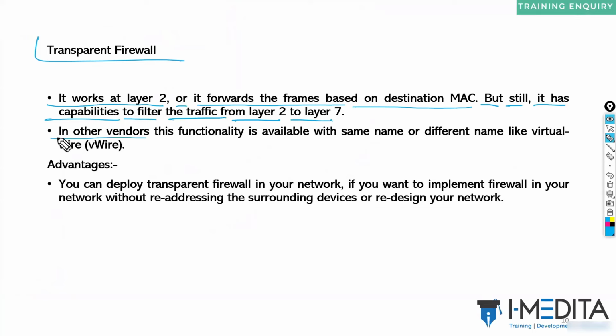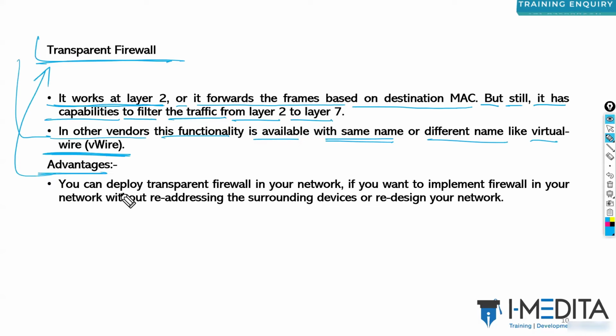In other vendors like Palo Alto, this transparent firewall functionality is available with a different name, vWire, but in some vendors the same functionality is available with the same name, transparent firewall. In this layer 2 deployment, all vendors' firewalls can be configured as layer 2. When we configure those firewalls as layer 2, that is called a transparent firewall, or a virtual wire. Clear? What is the main advantage of a transparent firewall?